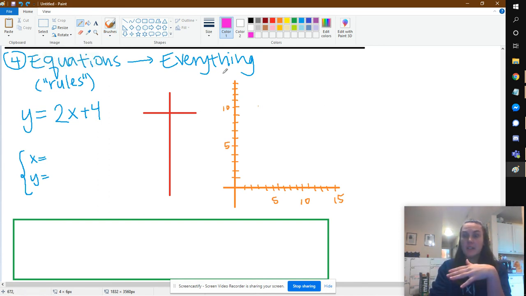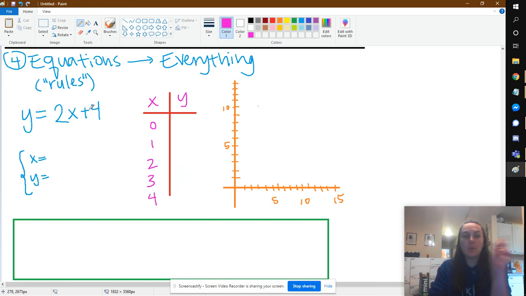Equations turning into everything. This one's a funny one because we're going to actually have to do some computation math and plug stuff in. We've got X, we've got Y. We want to plug in 0, we want to plug in 1, 2, 3, whatever. We can keep going.